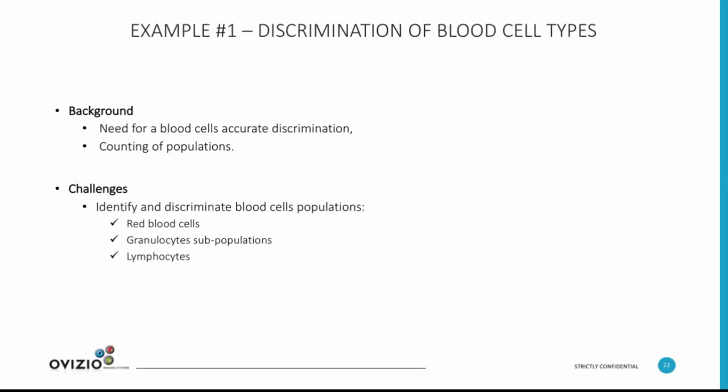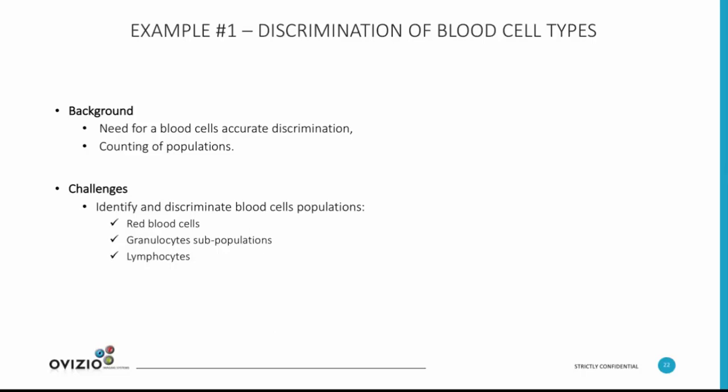The background was a question from a customer who is culturing white blood cells, which do not only have one specific cell type inside the culture. So they want to know, is there a way to accurately discriminate between the cells and count the different populations I have in my culture?